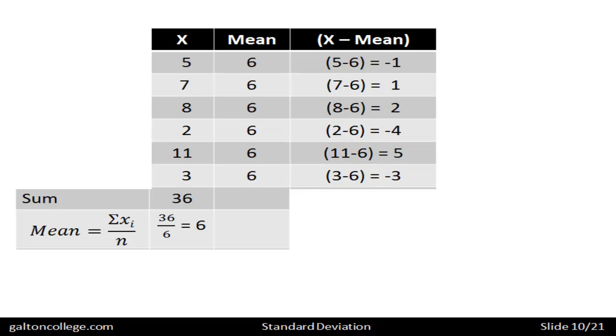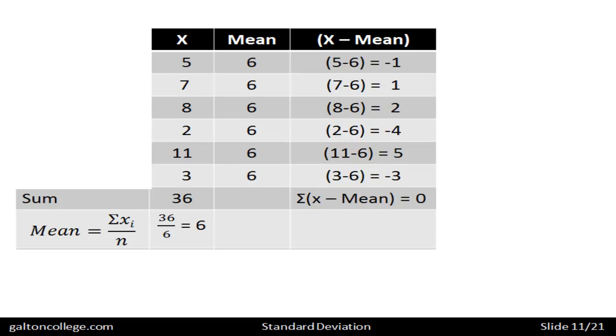Now, if we add that up, it comes to 0. It'll always come to 0, because the mean is the central measure. Everything is around the mean. So what's higher and what's lower must balance. They must add up to 0.